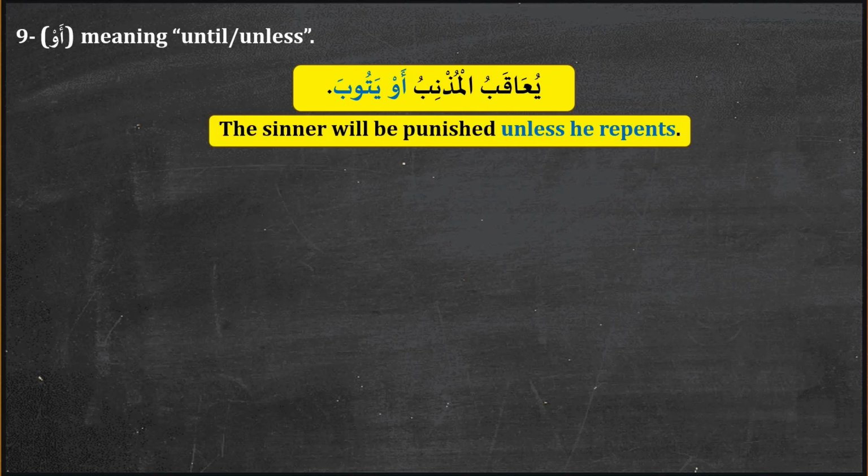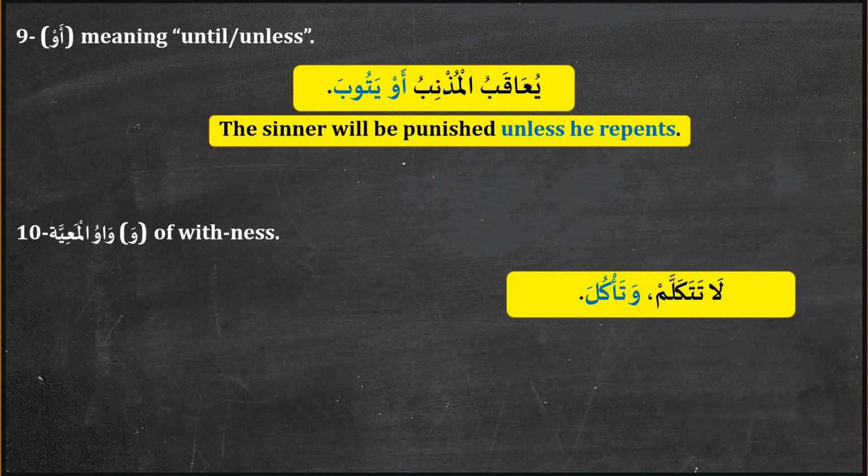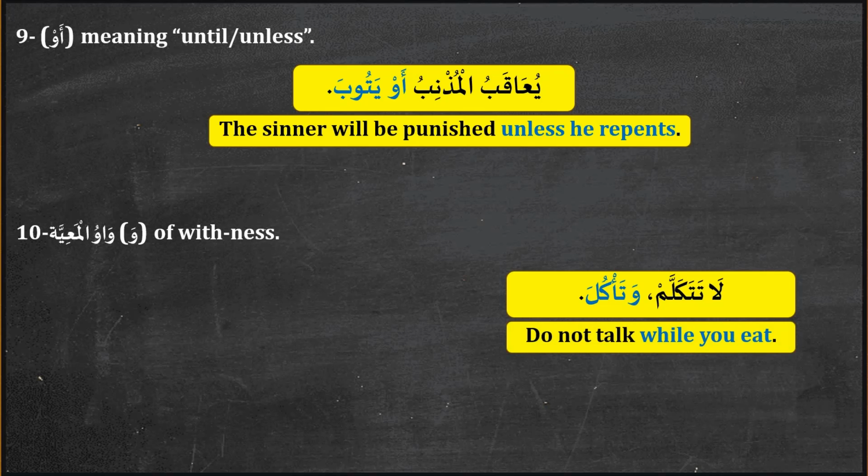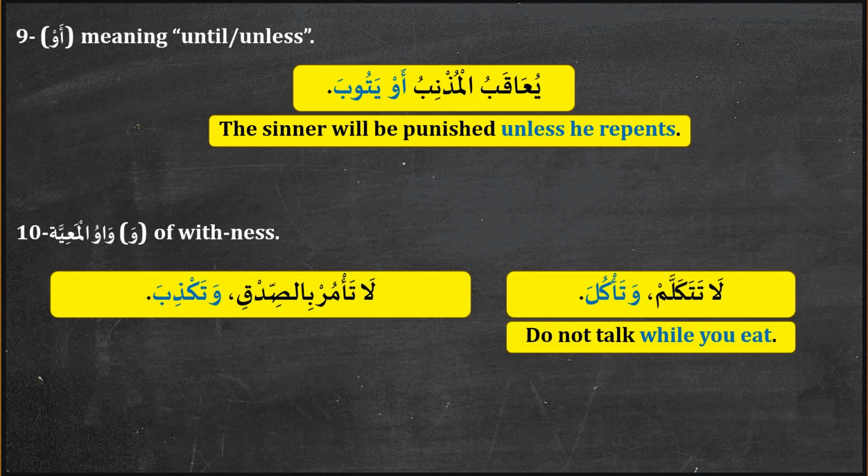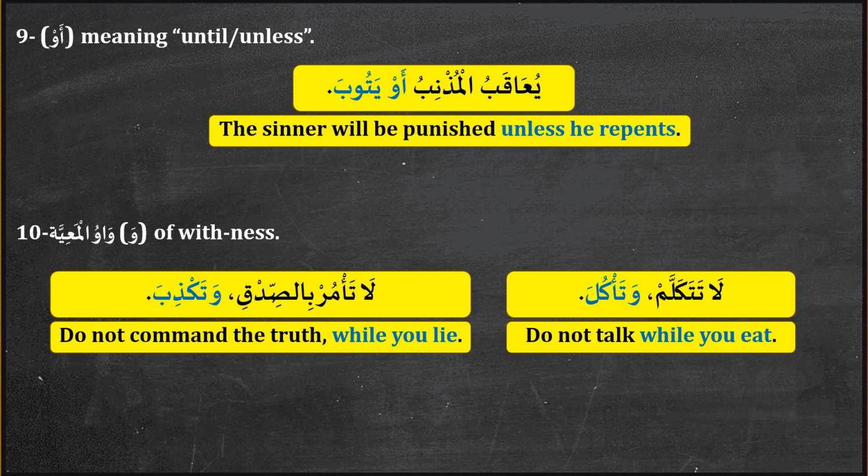He makes توبة. واو المعية, the next particle, wa of accompaniment. لا تتكلم وتأكل. Do not talk while you eat. لا تأمر بالصدق وتكذب. Do not command the truth while you lie.